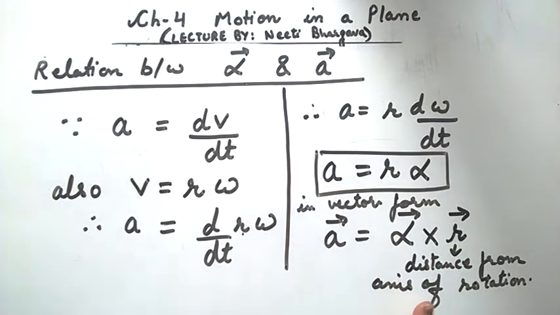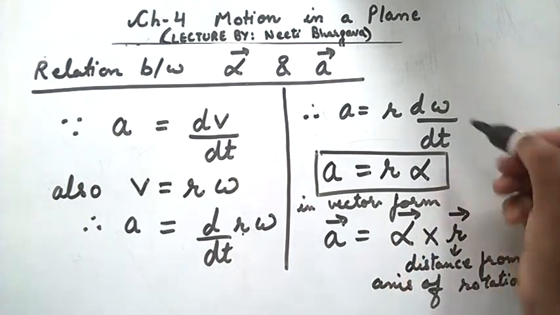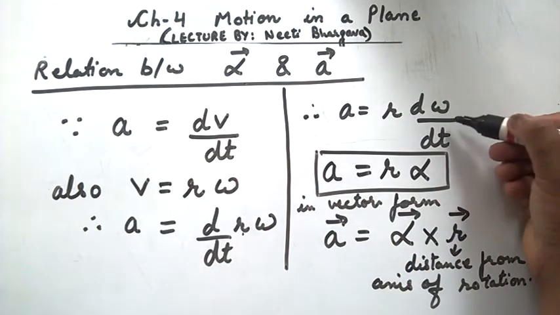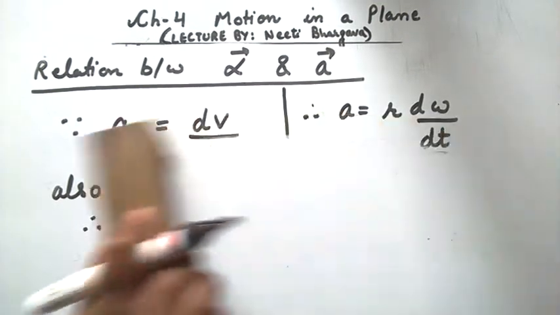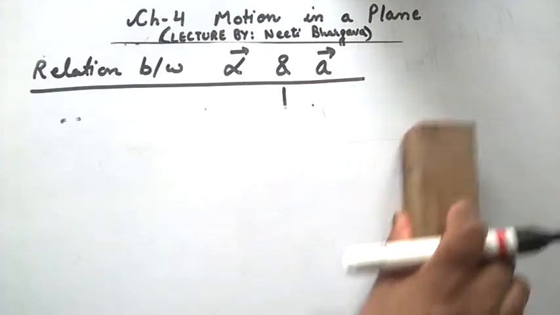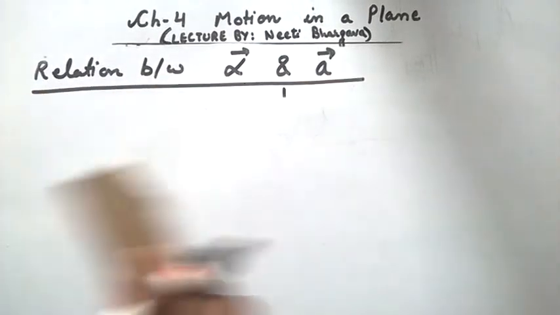Now let's consider that if the particle is moving with uniform angular velocity, then if its velocity is constant, angular acceleration will be 0.